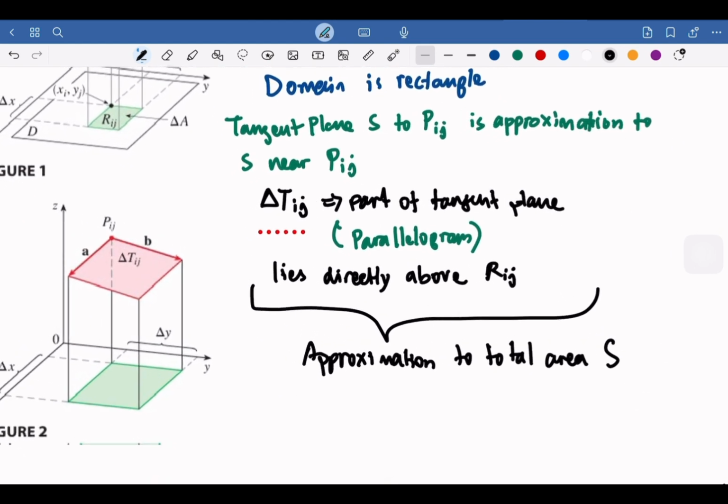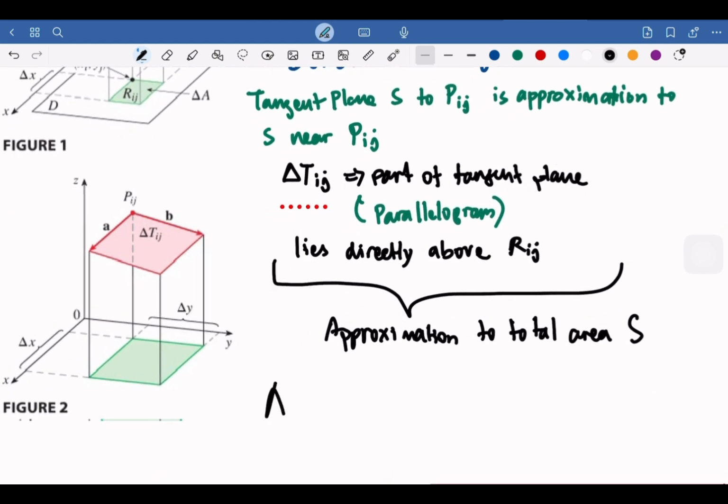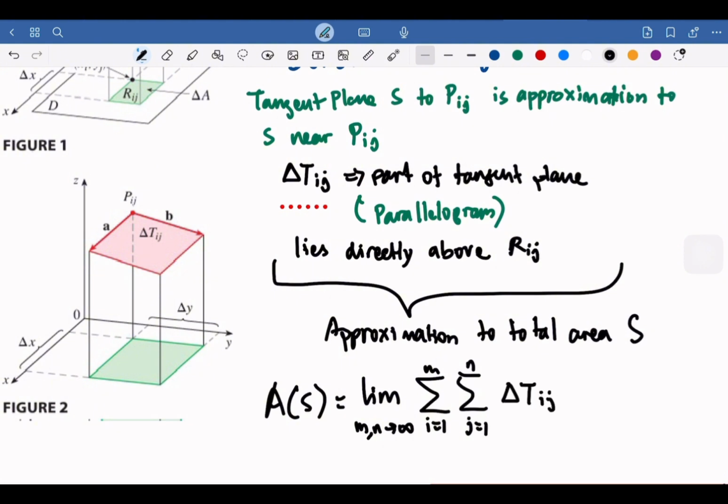So for now, we can write that the area of the surface will be, we take the limit, taking both x and y, on the delta T. So for a while we have these definitions, and this definition holds for the approximation from the tangent plane, and then we can write the tangent plane as the delta T.